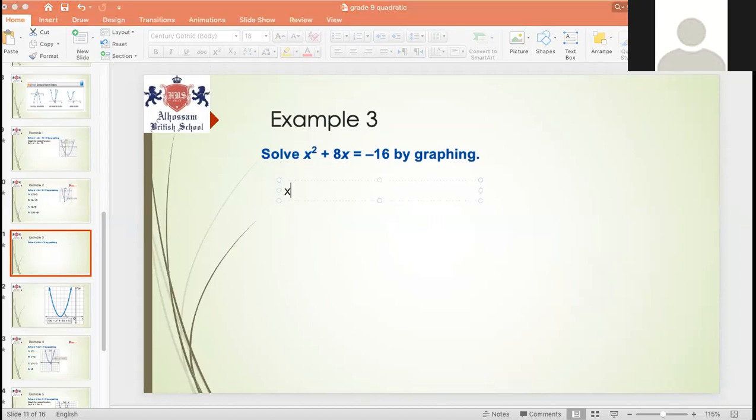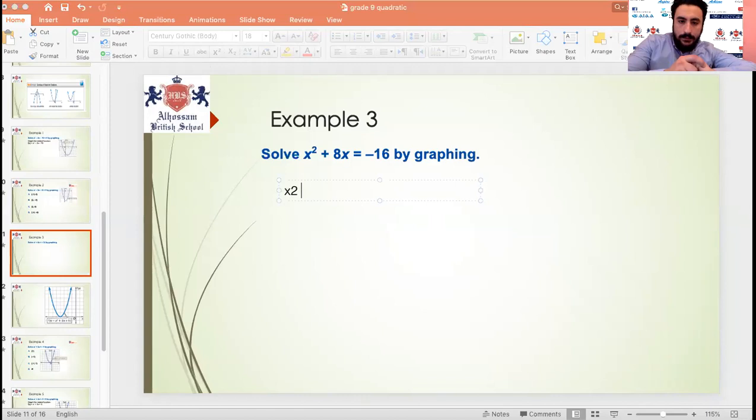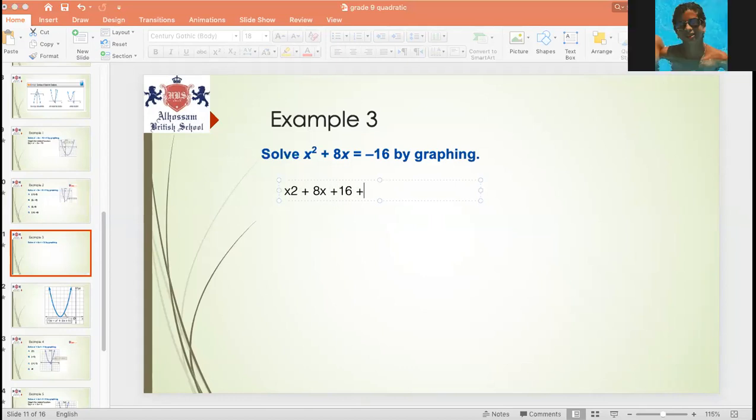Okay. So we'll write the rule. I'm going to factorize this one. How can I factorize it? We're going to do it by opening two brackets the same way.